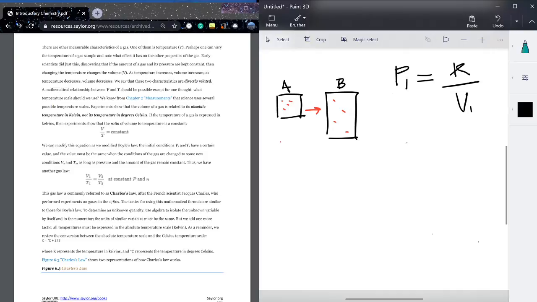Talking about this with pressure first, it'd actually be a little bit easier. So let's take a look at these containers A and B again. Or actually, let's not look at those containers. Let's just talk through conceptually what the relationship is between pressure and temperature.